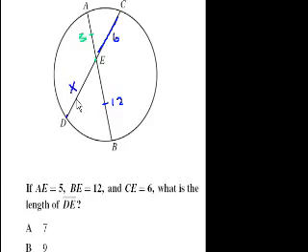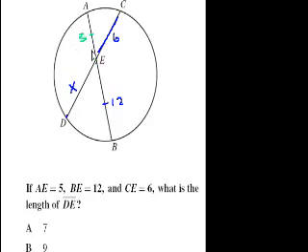Let's call that x. Now, I'm not going to prove it here just to save time, but there's a neat property of chords within a circle. If I have two chords intersecting in a circle, it turns out that the two segments of one chord, when you multiply them times each other, are always going to be equal to the same product for the other chord.